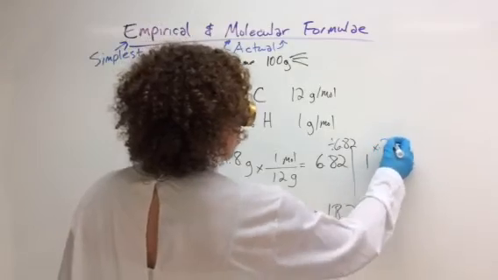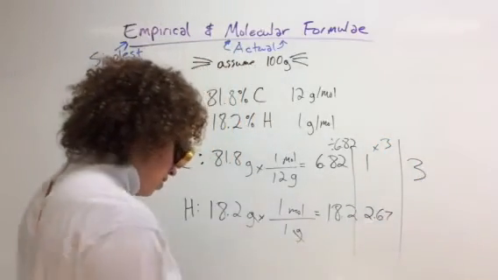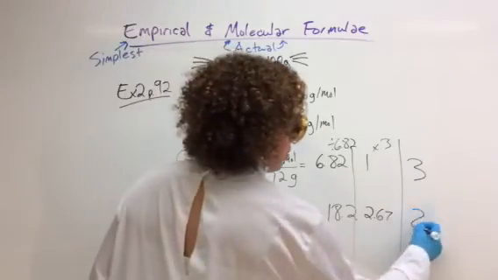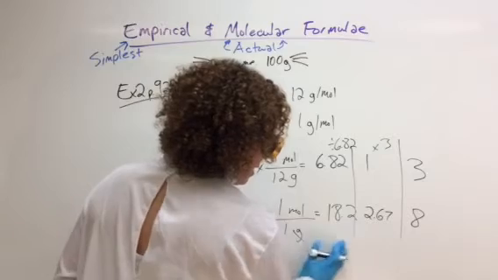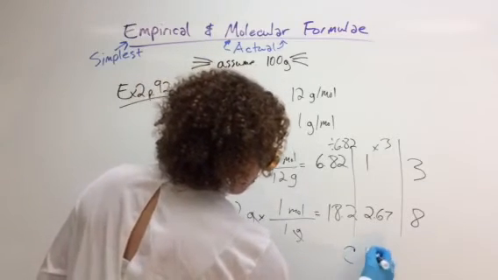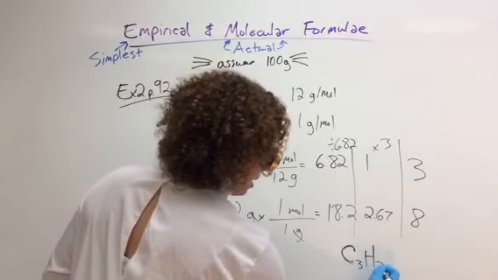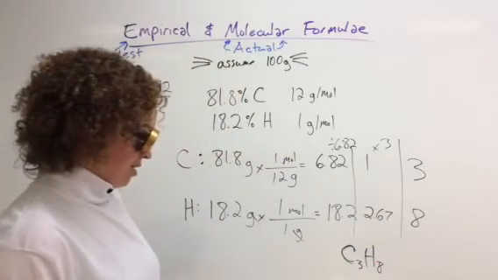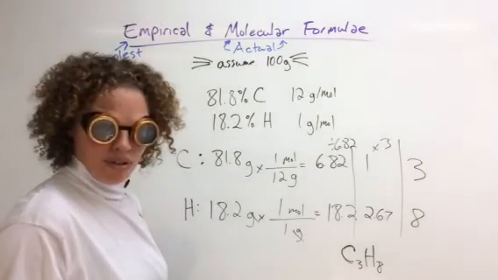So I'm going to multiply these guys by 3, and I get 3, and 2 2/3 multiplied by 3 gives me 8. So that tells me that my formula, I got my C's and my H's, I got C3H8 here. That's quite a bit different than CH2 or CH3, right?